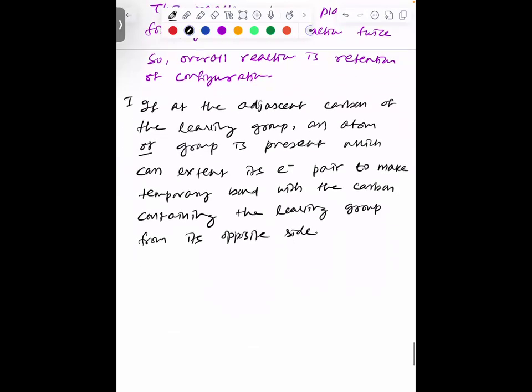Which group can act as the neighboring group?